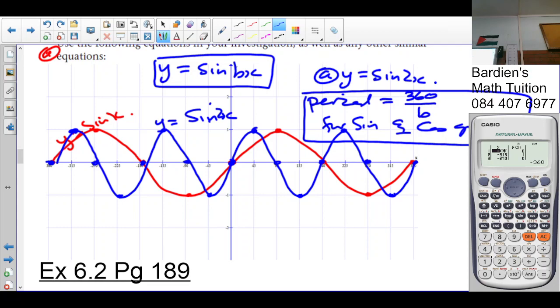Okay, so what's the period of this graph? 360 divided by that 2 there, which is 180.